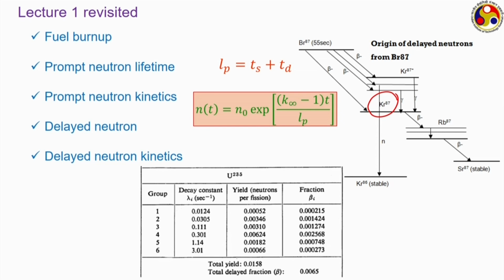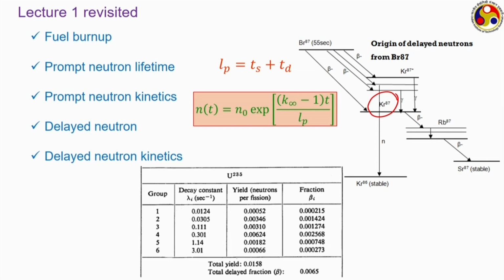We often club them into a few groups, and the most preferred approach is to follow a 6 group model. These are the groups for uranium 235. For every group, the corresponding parameters like the decay constant and the fractional yield are averaged, and hence instead of considering the constituents of each group, we can just take all of them together.